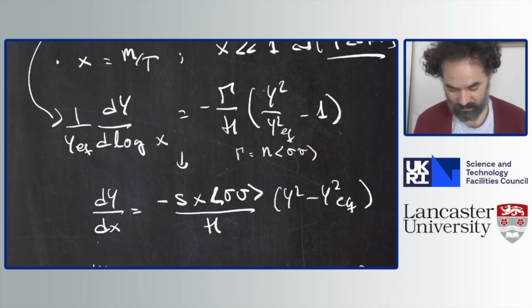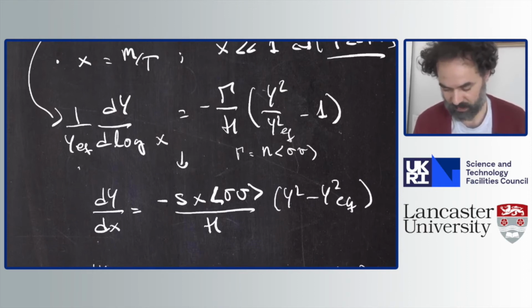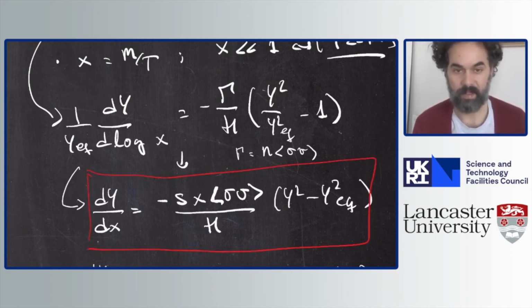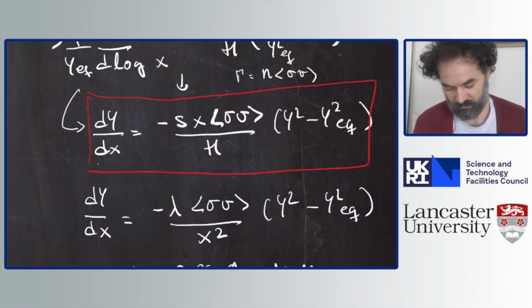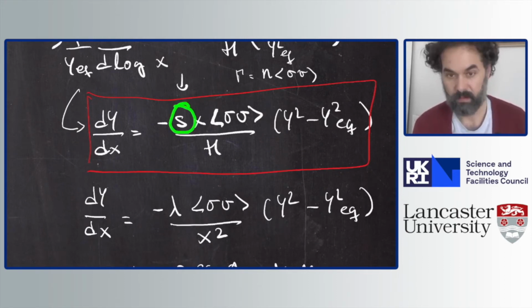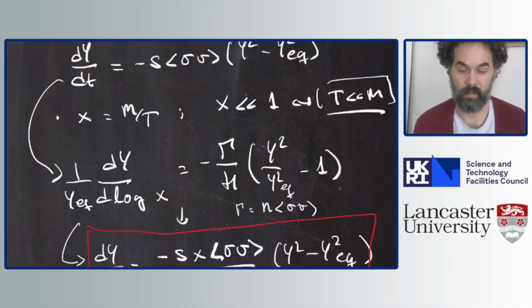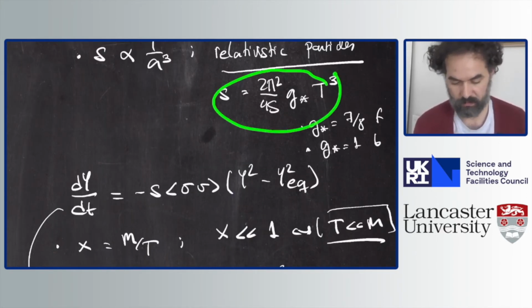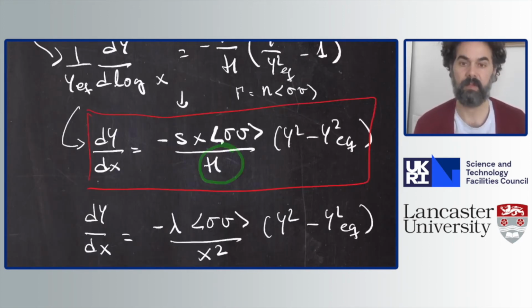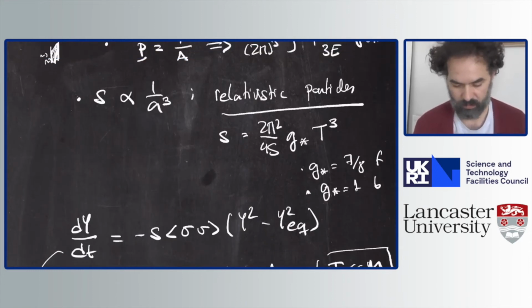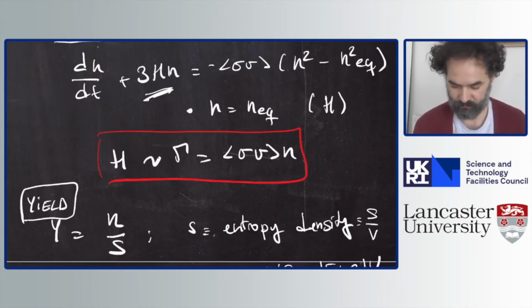So once this is the same equation again, time dependent on the yield, the last bit is simply introducing here the formula for the entropy that we know already, is this formula here, and the formula for the Hubble function that we know already for the early universe.